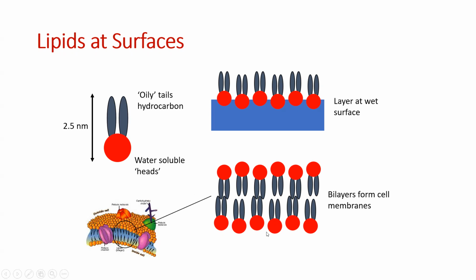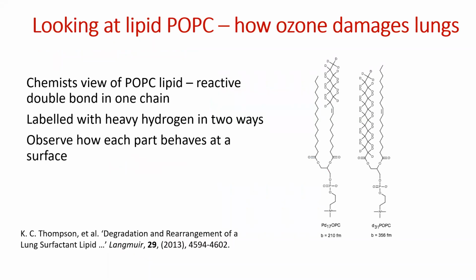But these types of molecules are also things that keep the surface of the lung wet and lubricated, and so they're really very important in many biological systems. And there's quite a variety of chemistry of these. I won't go into all of the details, but we've looked at a few of these, and I'll just show you something about a particular type of molecule.